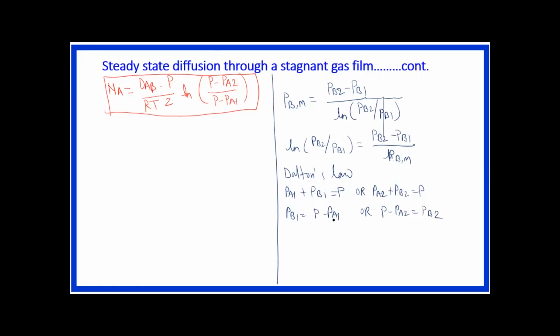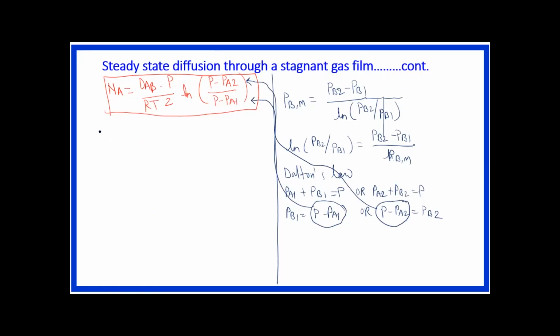So this is P minus PA1 and this is P minus PA2 from the Dalton's law. So this P minus PA1 can replace here and this P minus PA2 can replace here.